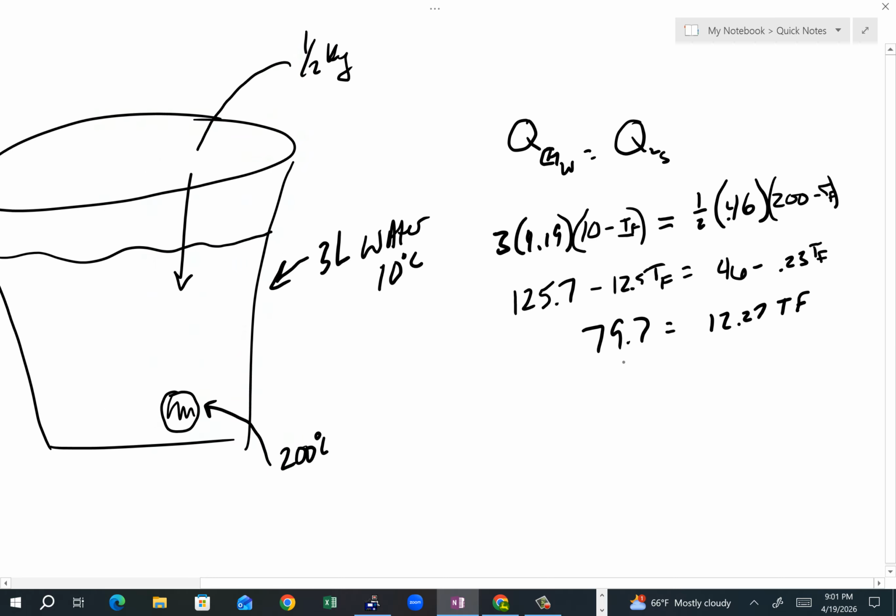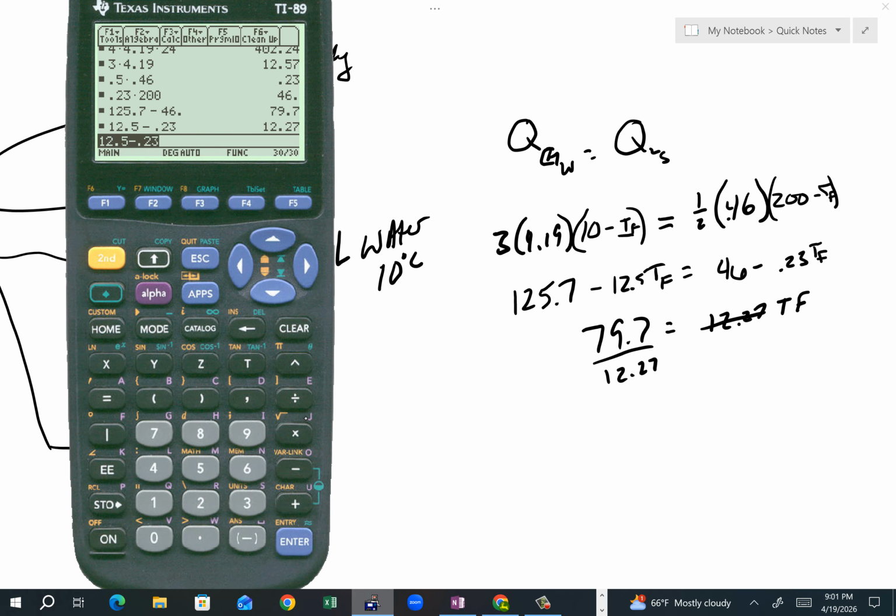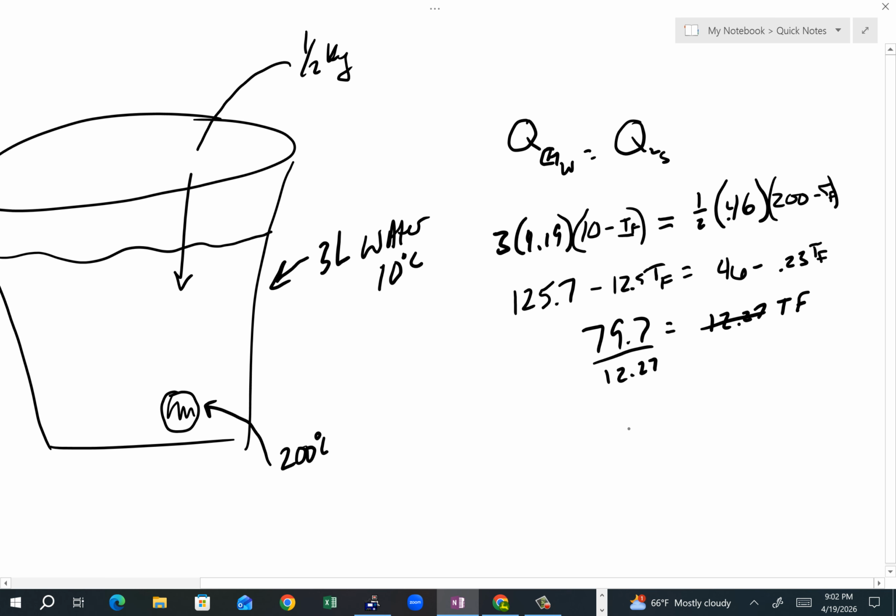And if you divide 79.7 by 12.27, you get about 6.49 degrees.